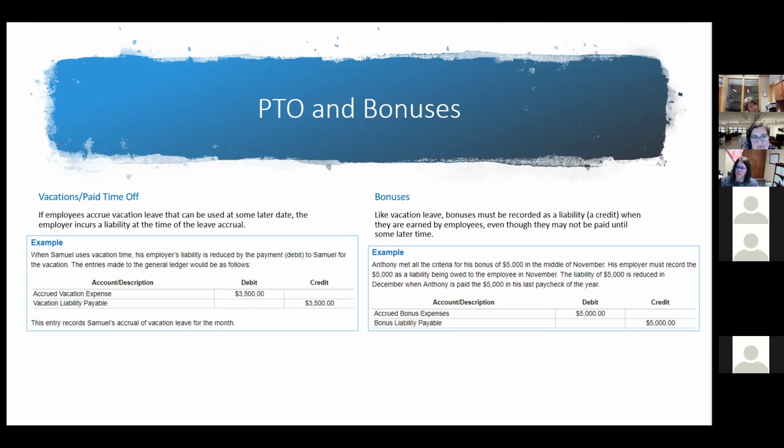You can expense PTO expense and create that liability, PTO due to employees. And then when employees take it, you would credit that liability because you don't owe that to them anymore, because they took it in the form of cash out of your company, right?